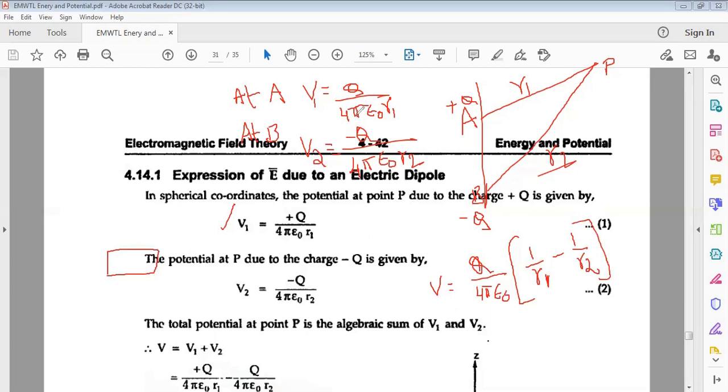Q by 4 pi epsilon naught is a common term for the two functions V1 and V2.